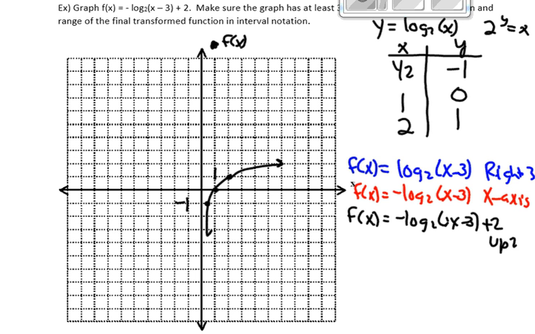All right, so now I'm going to go to the right 3. Now I'm going to reflect across the x-axis. So that'll be here and here and here. And then finally, I'm going to go up 2 from the red.